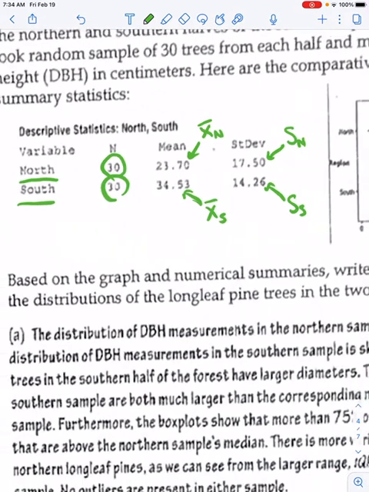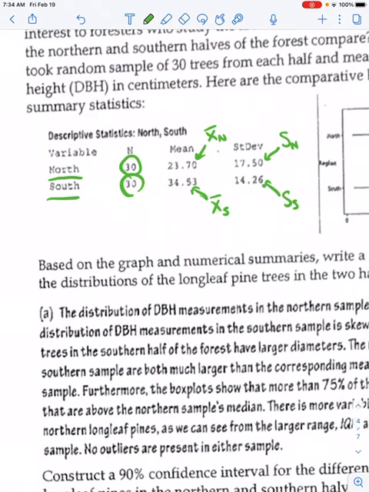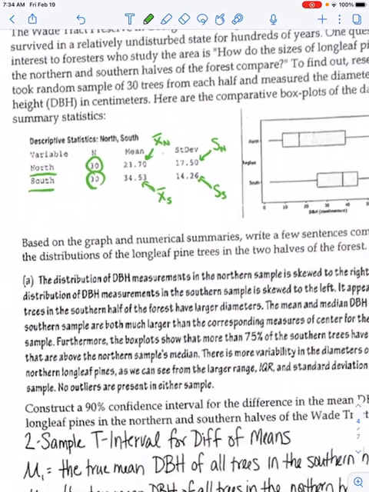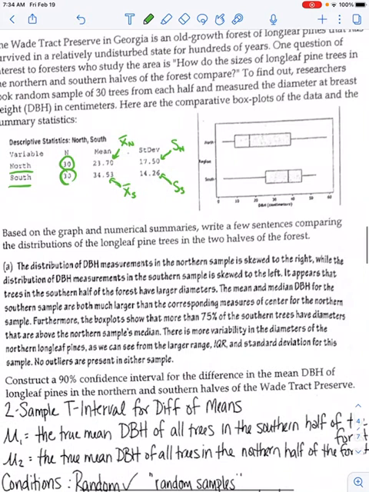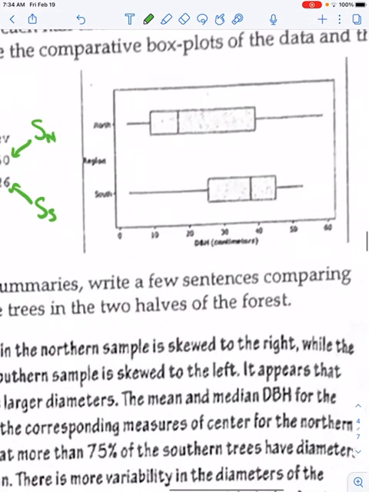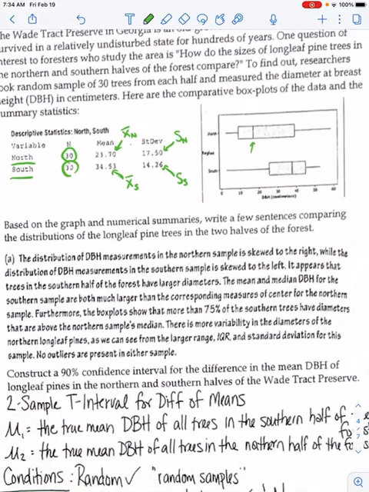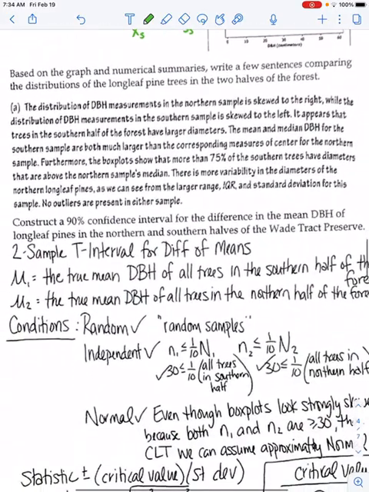Because this is all sample data. So really focus on getting your variables correct. Again, you're just communicating that you understand that this is sample data. Now, I know our sample sizes were 30, so the CLT applies, but they went ahead and gave me a box and whisker. I know this looks somewhat skewed right, but it is not strongly skewed right, so we're going to be okay. All right.